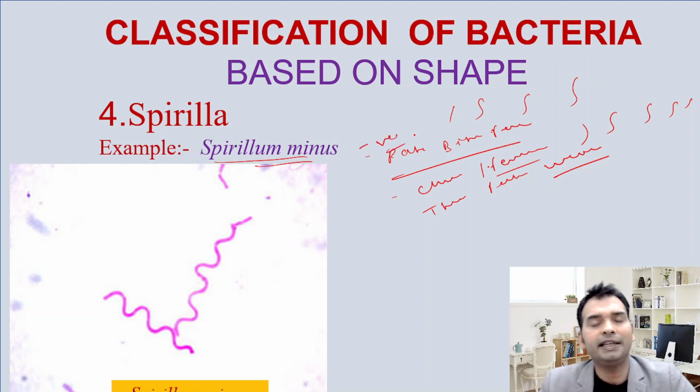In short, Spirilla means a spiral, spring-like arrangement of the bacteria. They produce rat bite fever, and chills and fever occur.